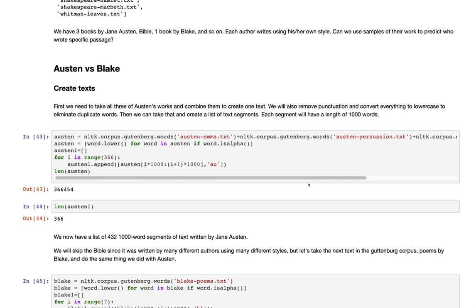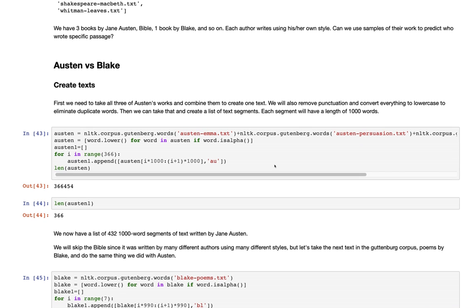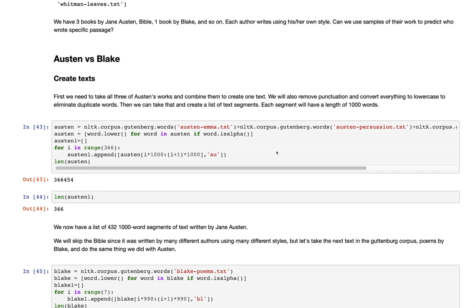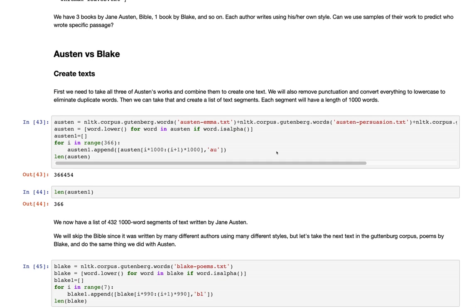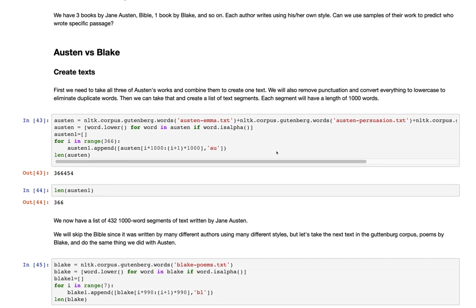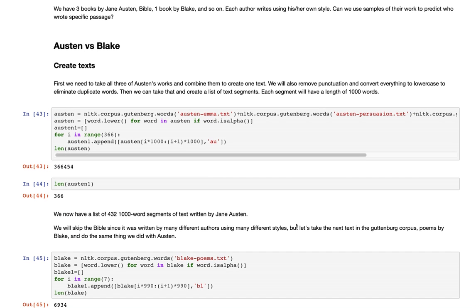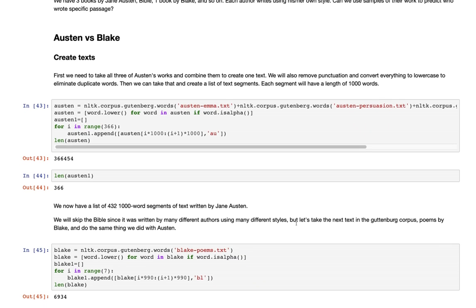So the first thing we had to do was combine all the Austen texts into one. We had to remove punctuation and put everything in lowercase so that we could remove duplicates. Then we took what was left and we created segments of 1,000 words each so that we wound up with 366 1,000 word segments from Austen.